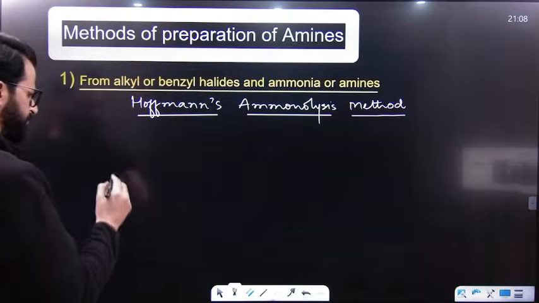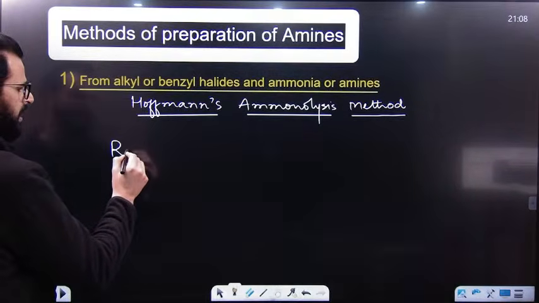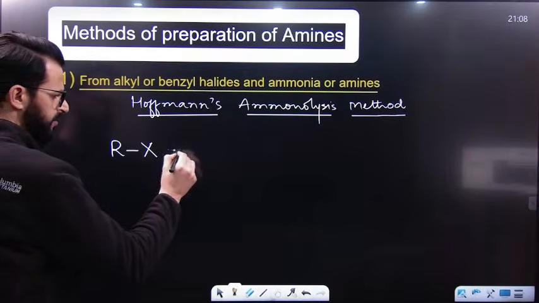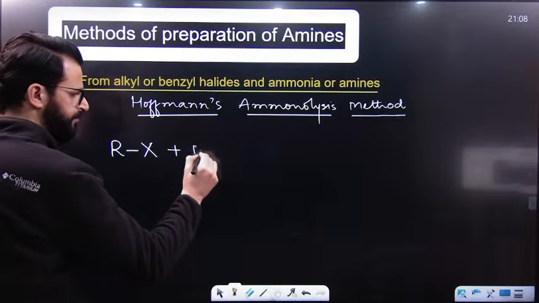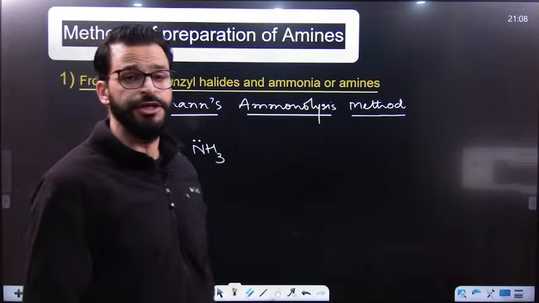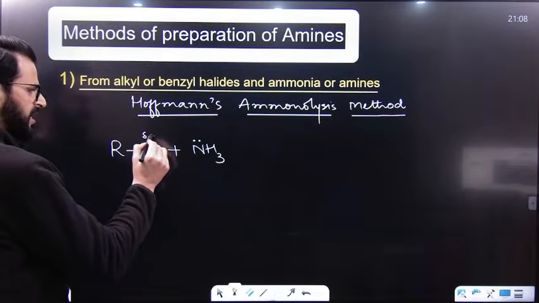Have a look. Now, whenever you are having what we call alkyl halide, and it's treated with ammonia, what will happen? You know, this ammonia is a nucleophile and this alkyl halide can act as an electrophile.